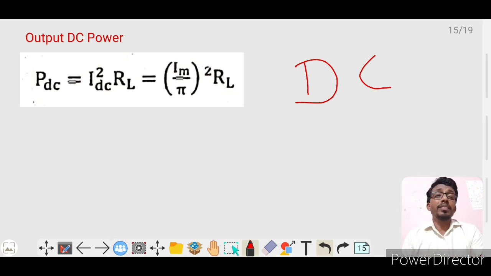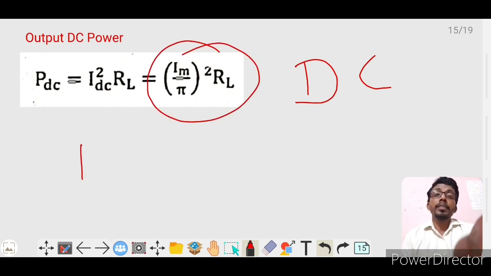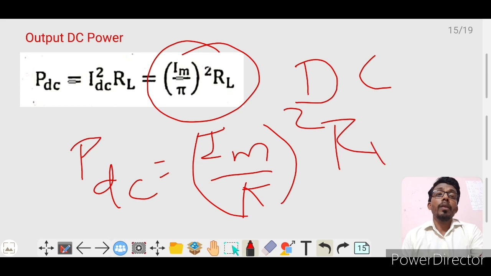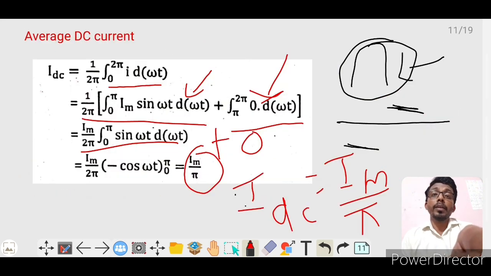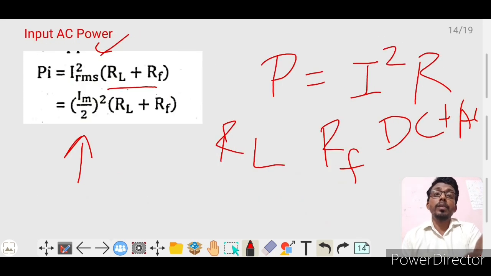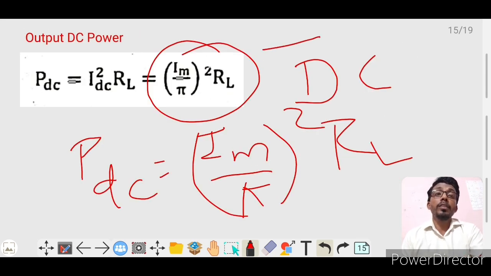Here again we use the same formula, and what we get is P_DC equals (Im by pi) whole squared into RL. This I_DC we found earlier, which was Im by pi. Hence we put that value in this equation.